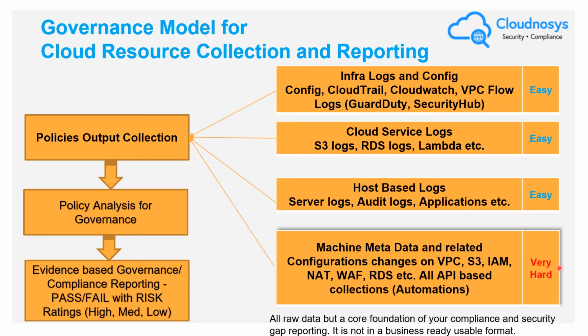The hardest area that you're going to find here, which requires a lot of expertise, time, and effort, is this machine metadata and related configurations for your cloud services. So as I mentioned, the S3 bucket has 23 security policies, right? That's what we're getting here because Amazon does not ship those policies to you. You have to write them. Same thing with Azure, Azure Policy in Azure, and same thing with GCP.